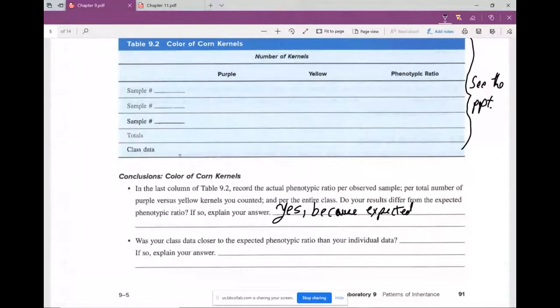Because expected phenotypic ratios only occur under perfect conditions. Right? They don't occur in real world conditions.